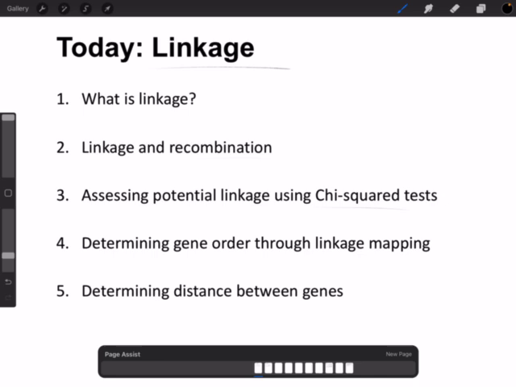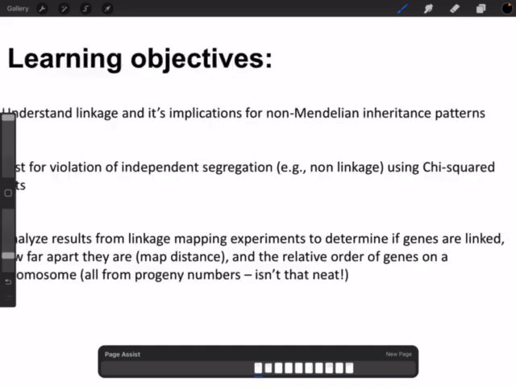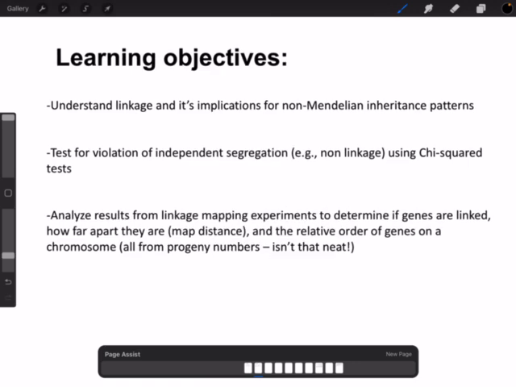We will determine gene order as well as the rough statistical distance between genes, all today, which will be a lot of fun. The goal that I have for you is that you'll be able to understand linkage and its implication for non-Mendelian inheritance patterns. We will talk about a lot of non-Mendelian inheritance patterns shortly after our exam. And one of them that we will talk about today is linkage.